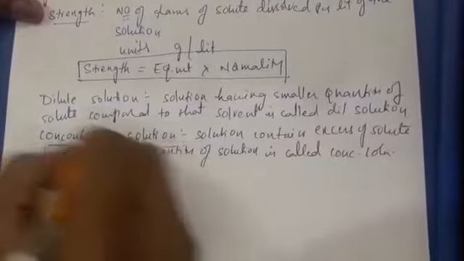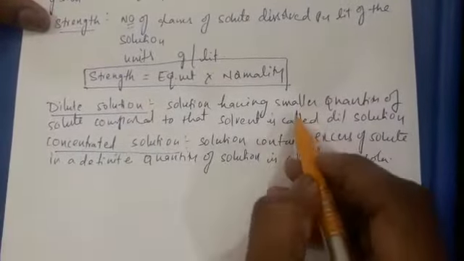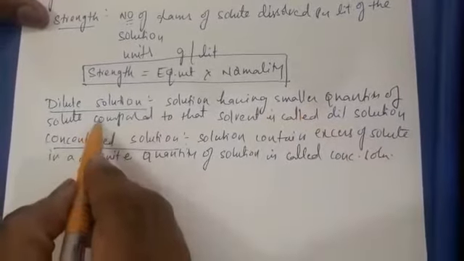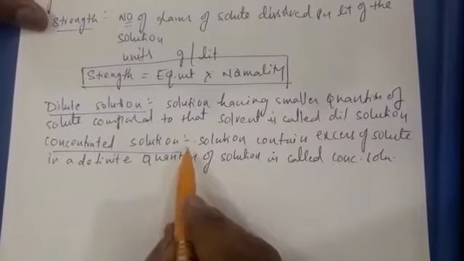So, there are two types of solution depending upon the quantity of solute. If the solute is a lesser quantity, that is a dilute solution. If the solute is in excess, that is a concentrated solution.